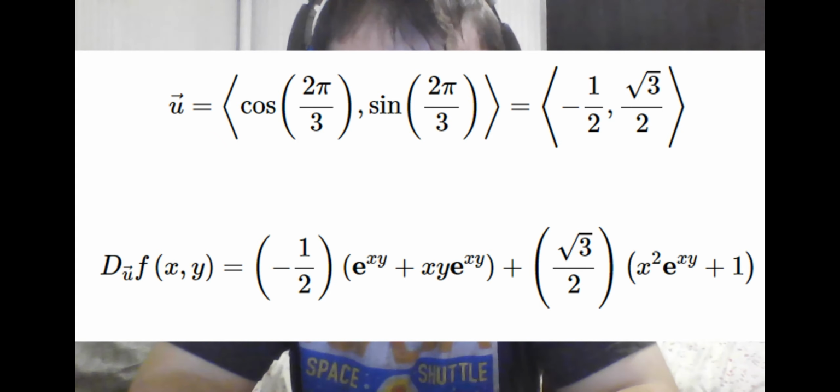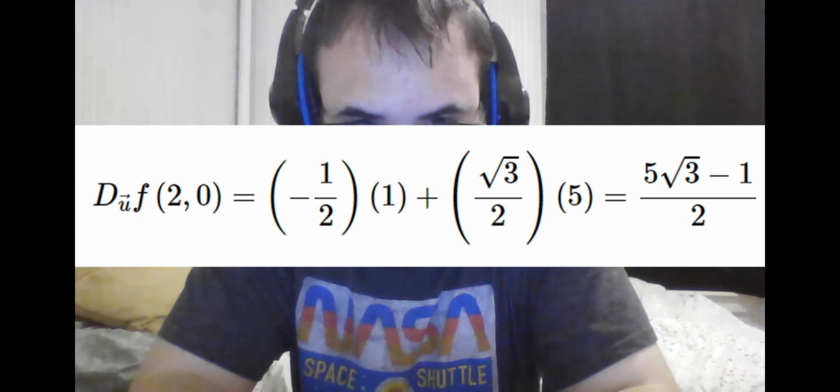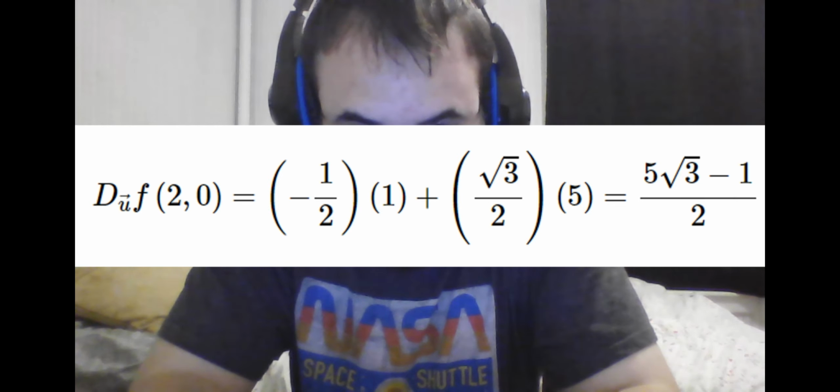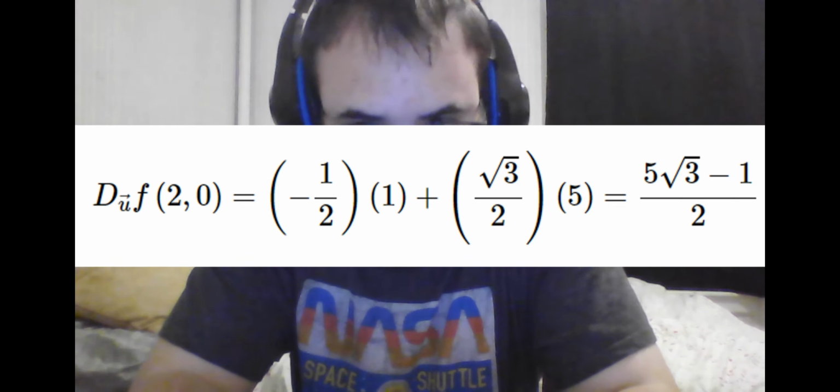So after we do the arithmetic to simplify our work, we see that it is 5 times square root of 3 minus 1 all over 2 as our exact value for the directional derivative.